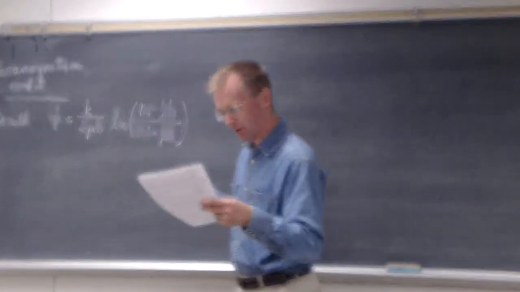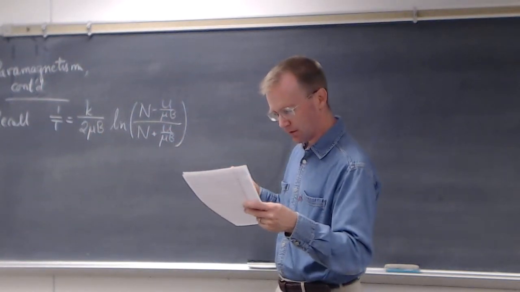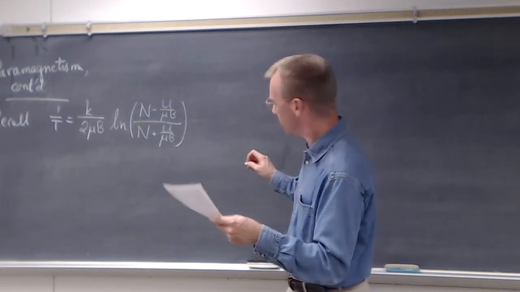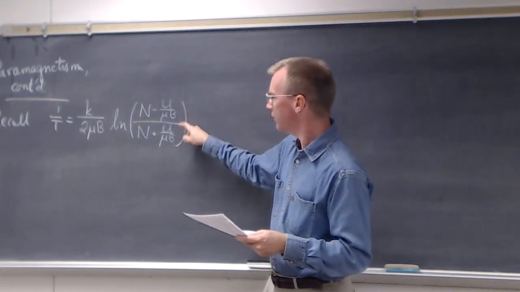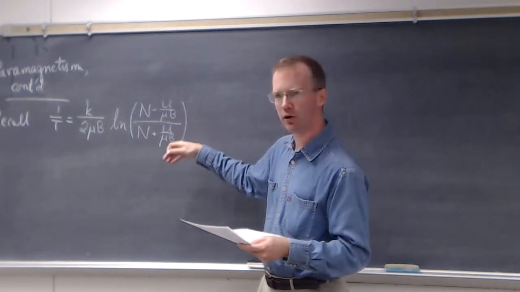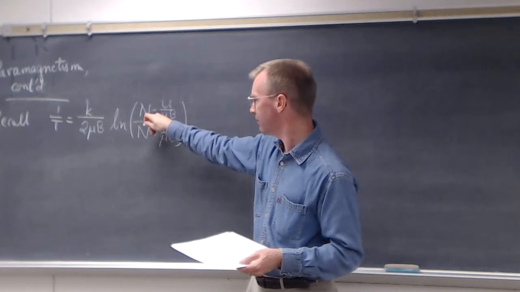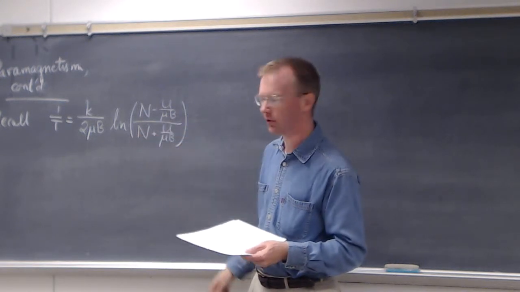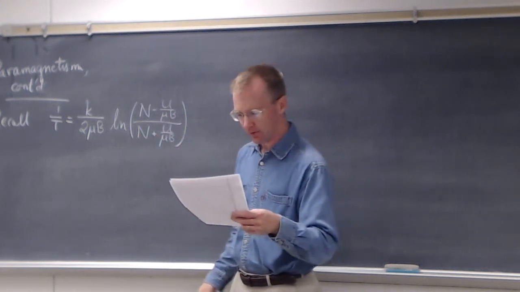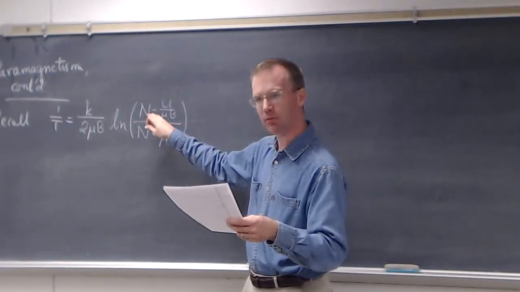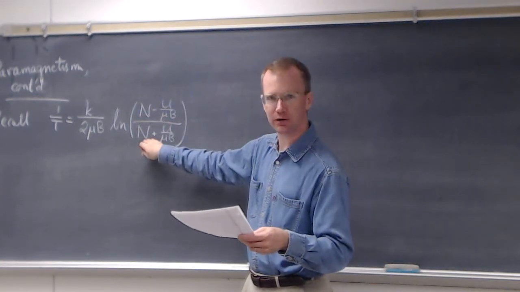And remember that these, what I'm calling sort of anti-symmetrical terms here, they're the same except for an internal negative sign there. These were from, originally it was n minus n up, all divided by n down.